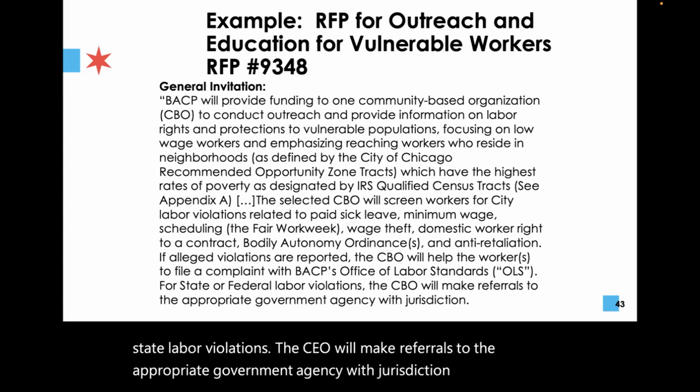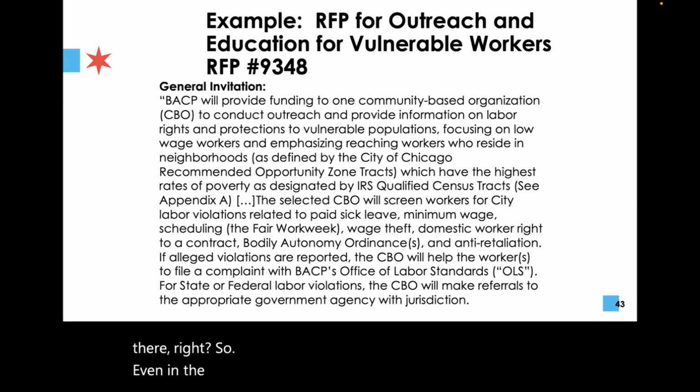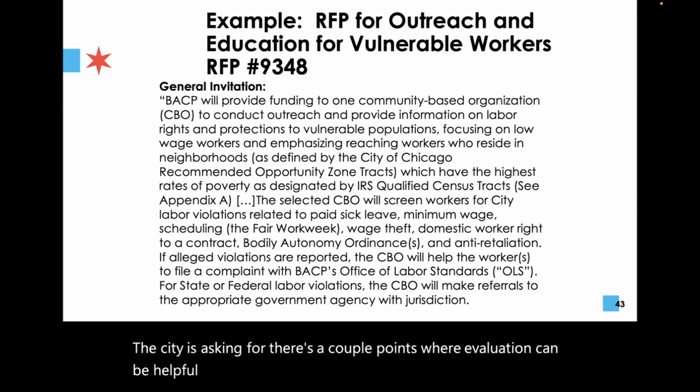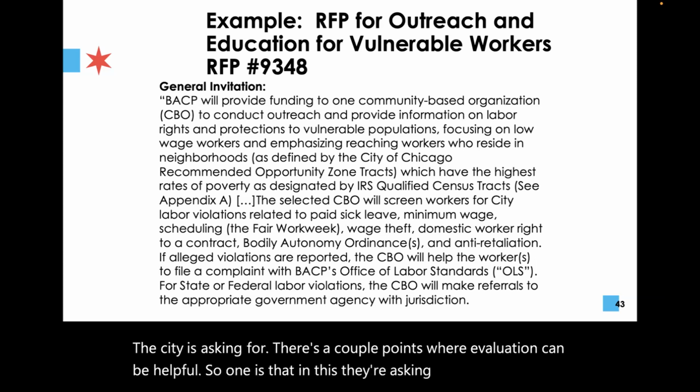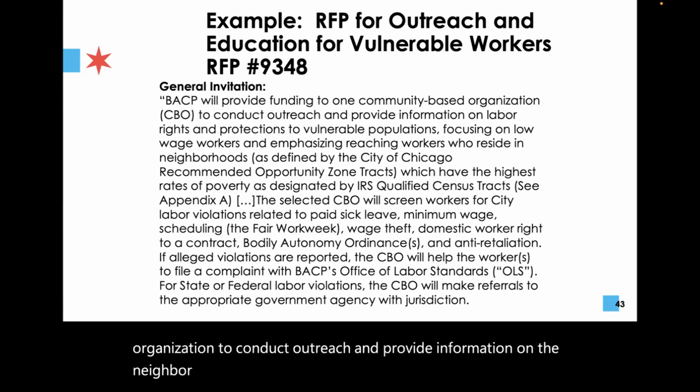So there's a lot there, right? Even in the description of the services that the city is asking for, there's a couple of points where evaluation can be helpful. So one is that they're asking for the organization to conduct outreach and provide information on labor rights and protections to vulnerable populations.